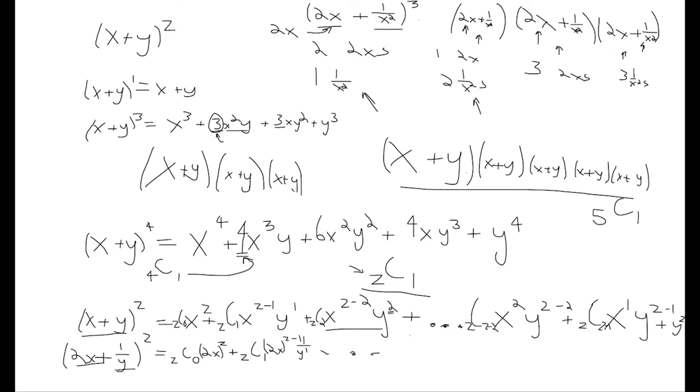Because there are x squareds over here and only x's over here. So there need to be twice as many x's to cancel out 1 over x squared. So 2 x's to cancel out 1 over x squared.